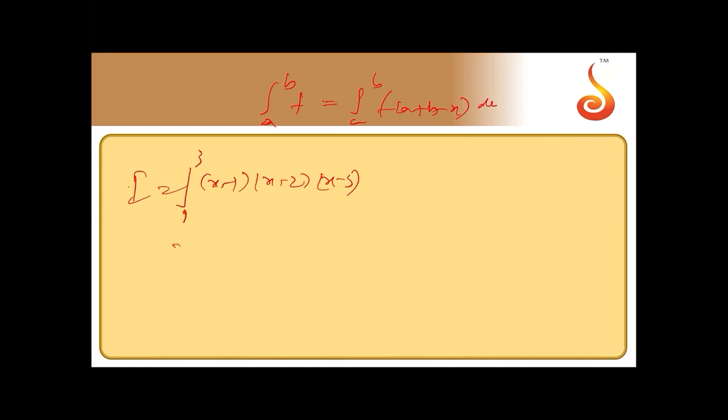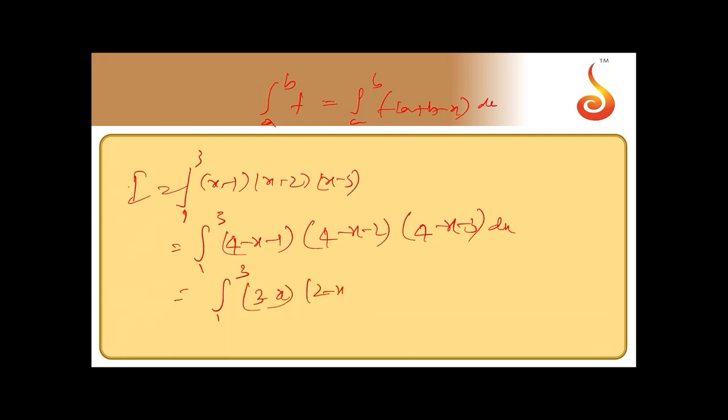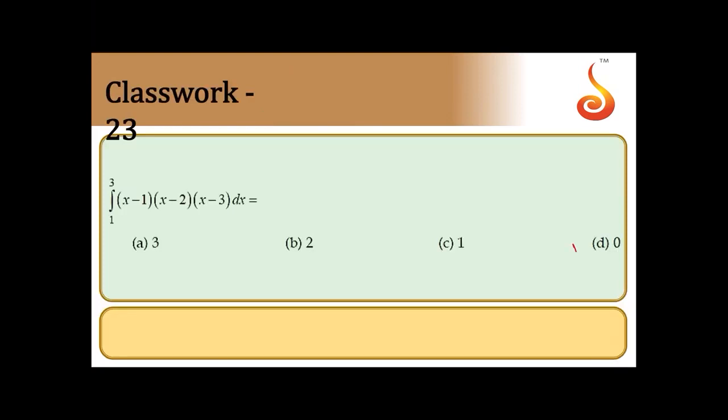A plus b minus x means 4 minus x, yes, of course, 1 to 3. So 4 minus x minus 1 and 4 minus x minus 2 into 4 minus x minus 3 dx. That is equal to integral 1 to 3, 3 minus x multiplied by 2 minus x multiplied by 1 minus x dx. And isn't it, with the minus sign you get minus I. I is equal to minus I, which is nothing but 2I is equal to 0. Therefore, overall the integration value is equal to 0.